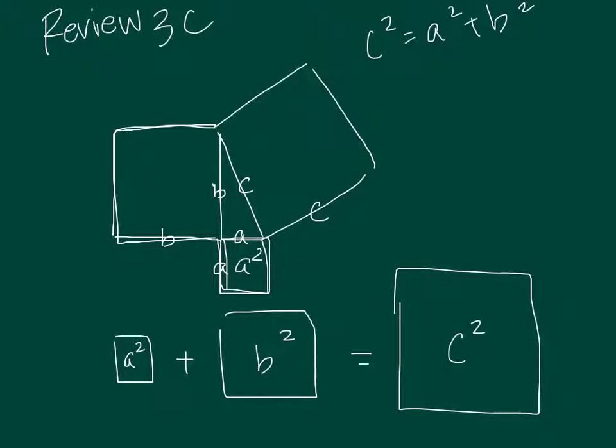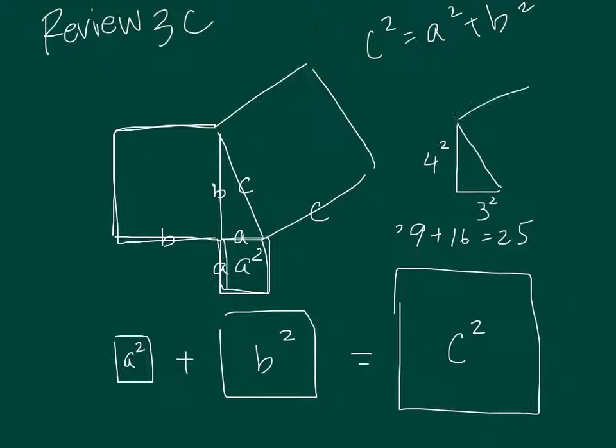Using that concept, we can find missing lengths. So for example, if the short leg is 3 and the long leg is 4, then you use the idea of making a square. 3 squared is 9, and 4 squared is 16. So 3 squared, 9, plus 4 squared, 16, that's 25.